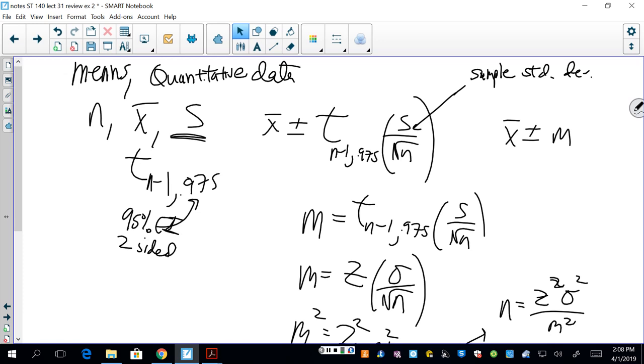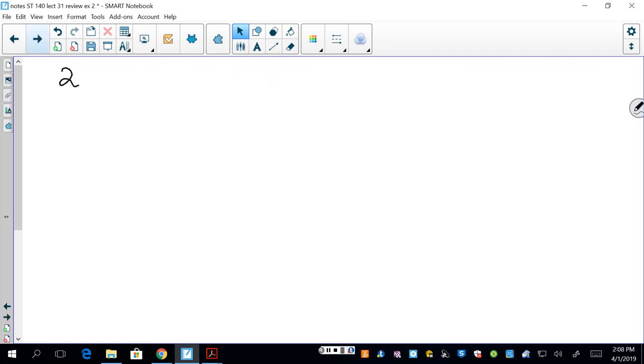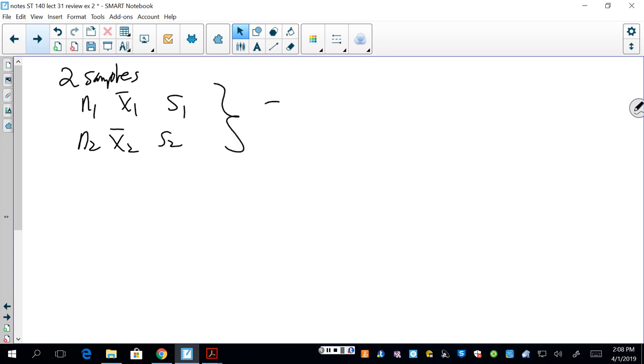The 2 sample version is going to have 2 sample sizes, 2 averages, 2 standard deviations. So it's at least a couple sentences. 2 samples: n1, x bar 1, s1, n2, x bar 2, s2. I prefer the one where we pool.